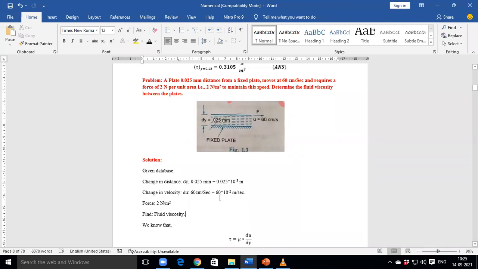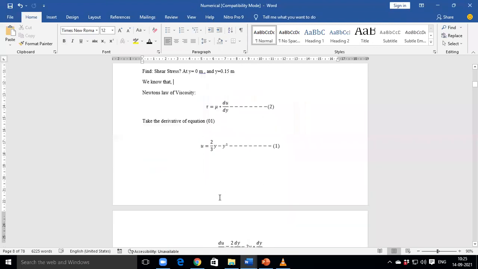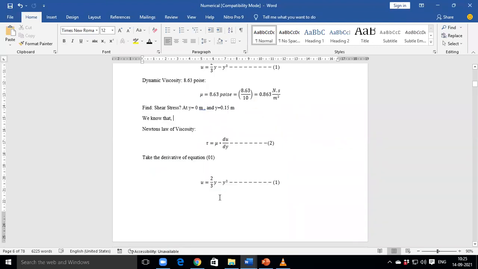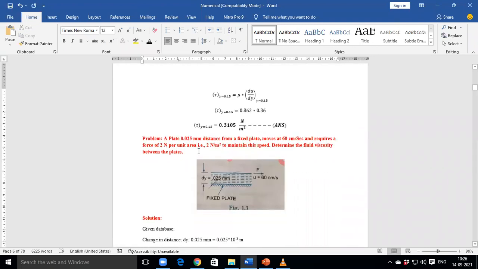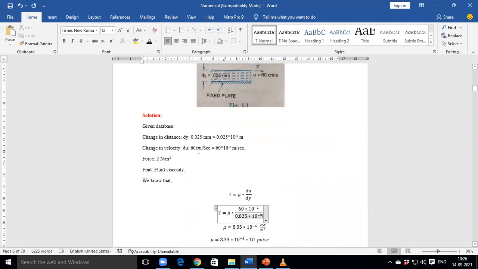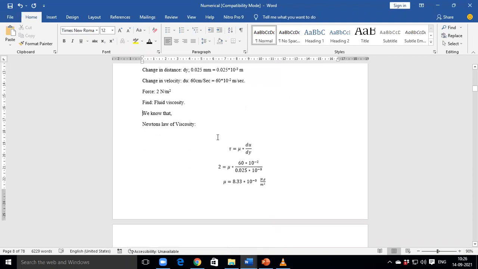Newton's law of viscosity. What is Newton's law of viscosity? Srushti, tell me. Tau is equal to mu into du by dy.